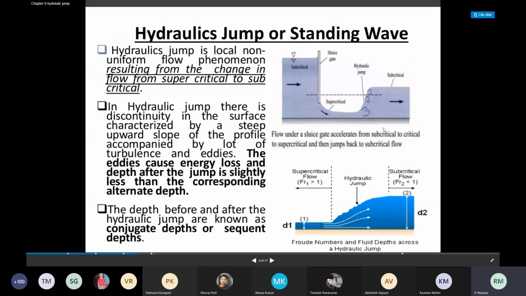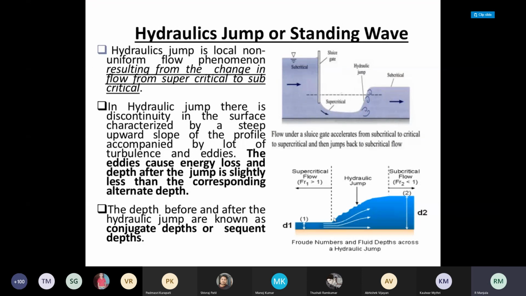Okay, that is the hydraulic jump. In supercritical flow, the Froude number is greater than 1. In subcritical flow, the Froude number is less than 1. So supercritical flow to subcritical flow is the hydraulic jump, in which the Froude number goes from greater than 1 to less than 1. This is the condition for hydraulic jump. Is it clear?